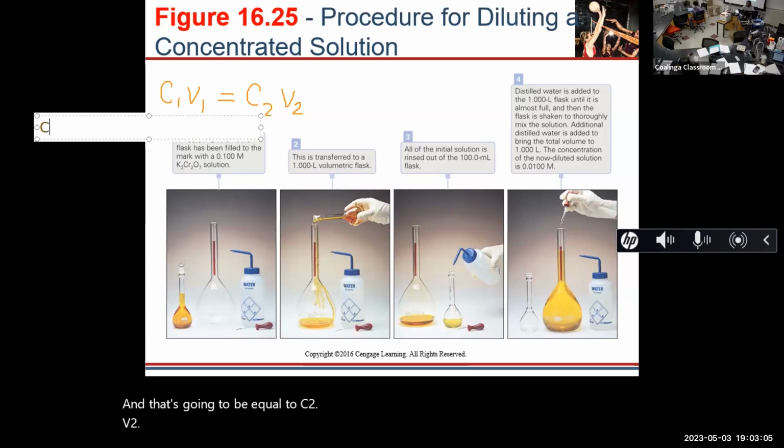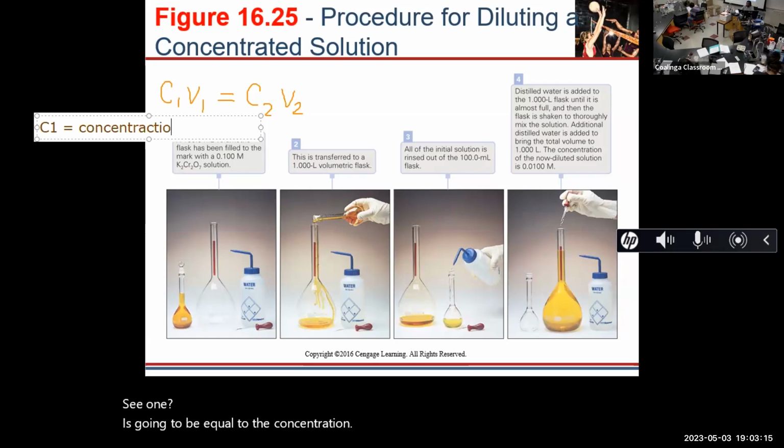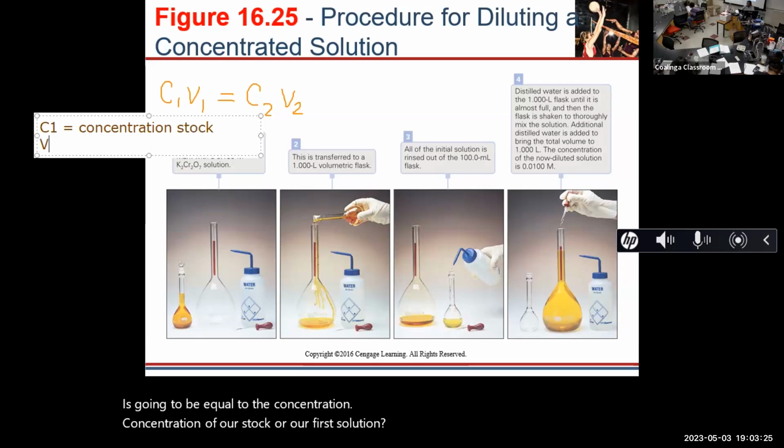So C1 is going to be equal to the concentration of our stock or our first solution. V1 would be the volume of the stock.